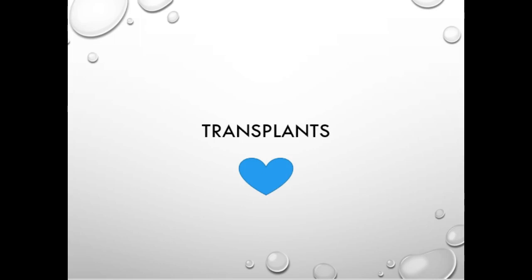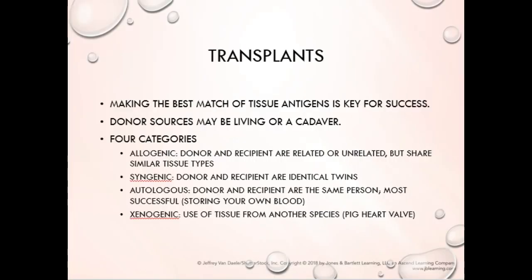Let's look at transplants and how the body responds to transplants, which is amazing to me. We are able to take tissue from one person or a cadaver. Well, a cadaver is a person too. Or from yourself, or from a pig, or we're trying to create our own substances that we can use in place of transplants and stick them into somebody's body and have it survive in there.